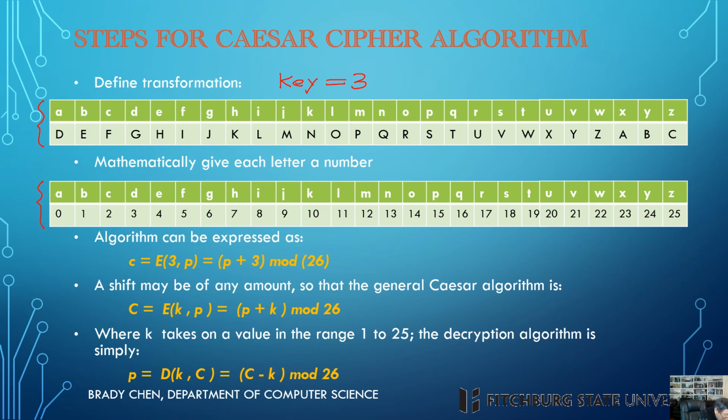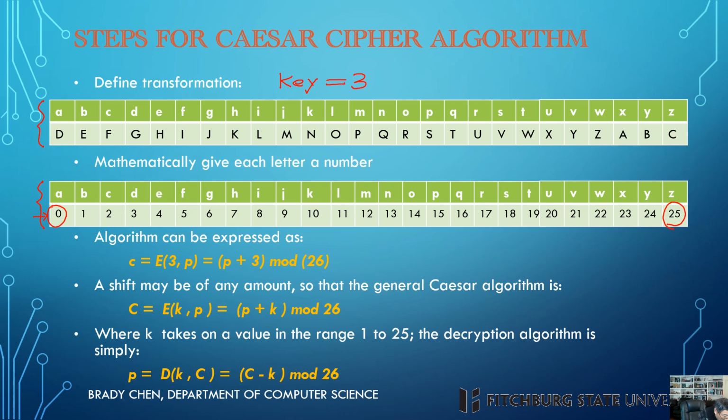So we can map A to 0, B to 1, and the last character Z to 25. So now we encode the English language using decimal numbers. What's the advantage of using numbers? We can use math formulas to operate on numbers.